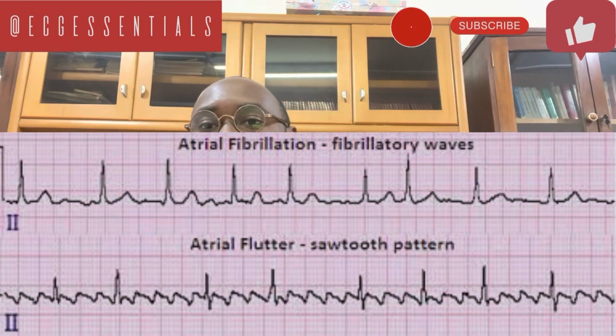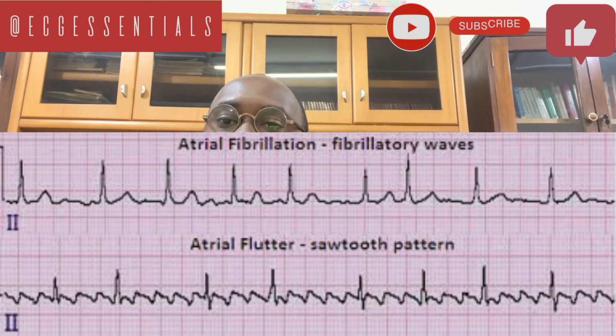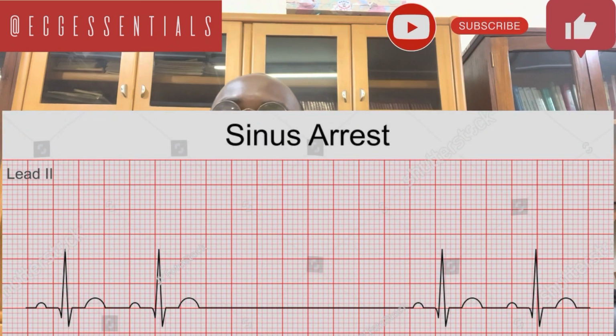If P waves are absent, but we see a sawtooth pattern, then that may be a pointer to atrial flutter, and of course a flat line with absence of P waves will be a pointer to a sinus arrest.